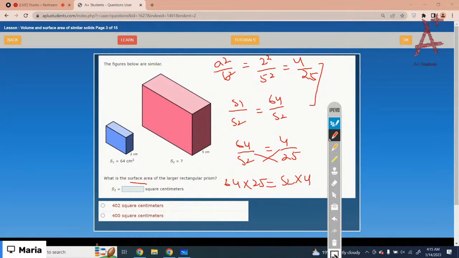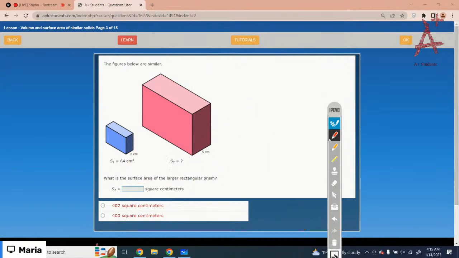So 64 times 25 is 1600, and you have to divide both sides by 4. So it would be 400. Got it? That means the surface area of the larger prism is 400 square centimeters. Just select the correct option, then click on the OK button.